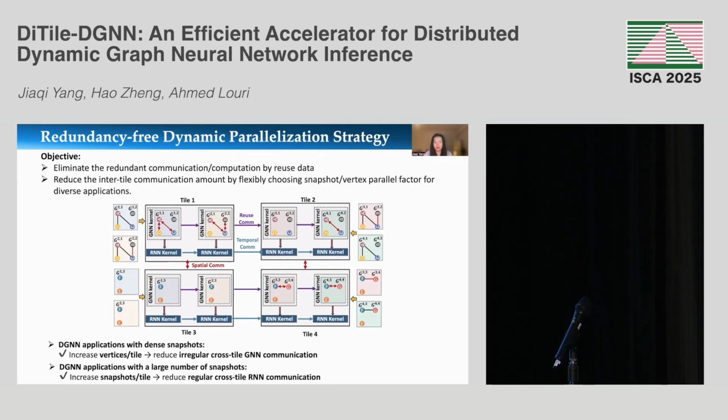This reduces regular RN communication by keeping temporal dependency local. By adaptively selecting the best tiling factor, both spatial and temporal, our strategy significantly lowers communication overhead across GN and RN stages while improving efficiency.